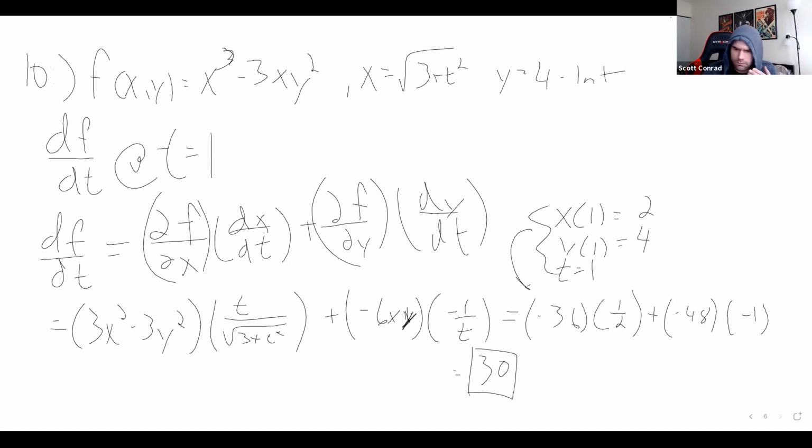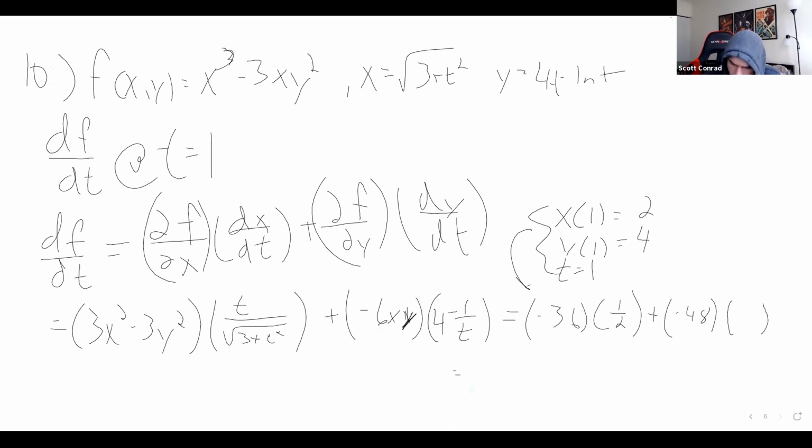Is it 4 minus t? Yeah, it's 4 minus t. Oh, I missed that. Sorry. Y is 4 minus t. Yes, you're right. And so then this should be 4 plus 1. Wait, that was wrong either way.